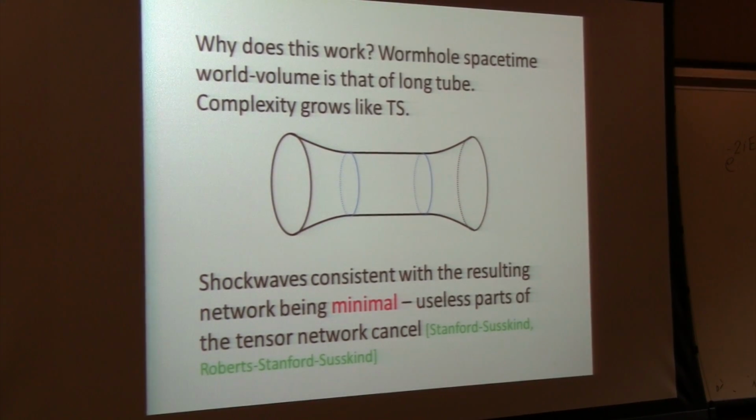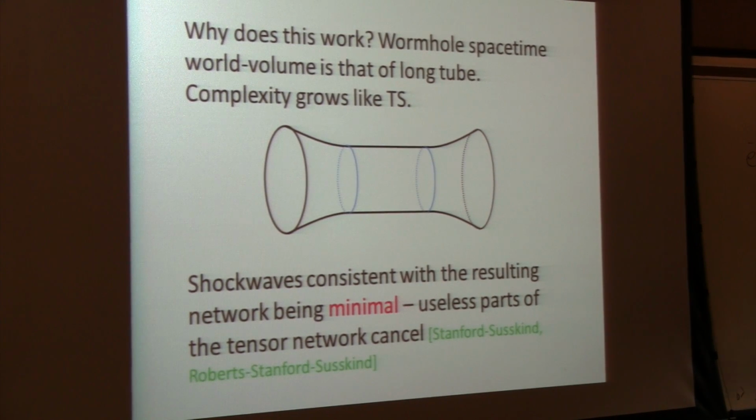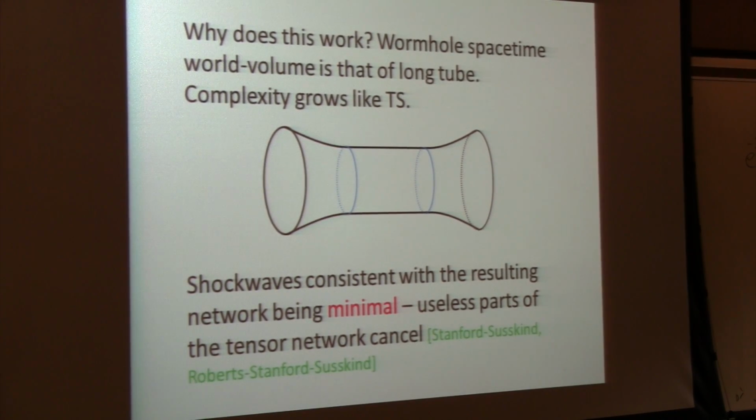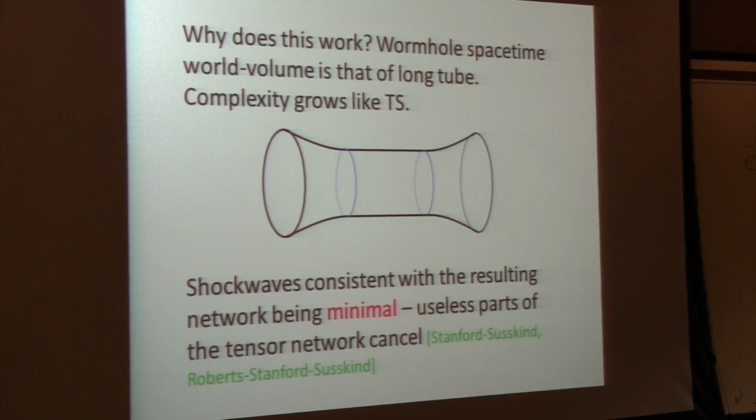Okay, and then I won't talk about this at all, but you can do a lot of shockwave checks. This was done by Douglas and Lenny, and Dan Robertson, showing that there's a sense in which this network should be thought of as the minimal network. At least it's consistent with that. The parts of the tensor network that are not useful, that don't do anything, cancel out. In these shockwave calculations, there are parts of the network that wouldn't change the state at all, and those explicitly, in terms of the geometry, do not appear.